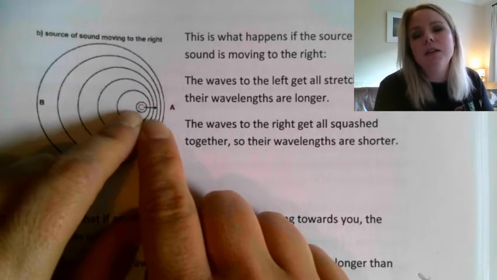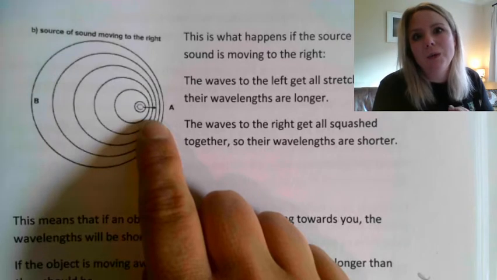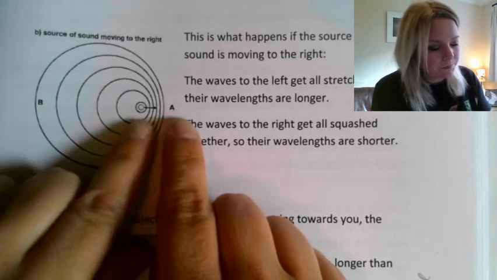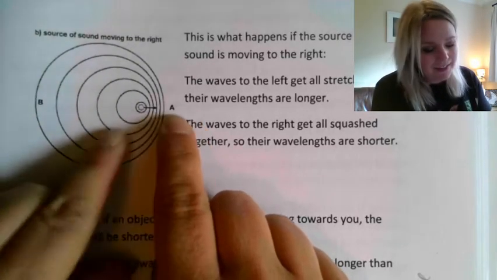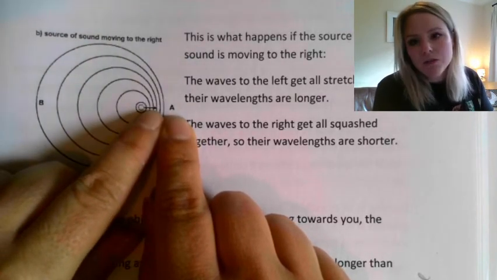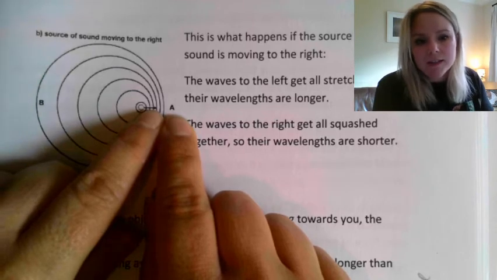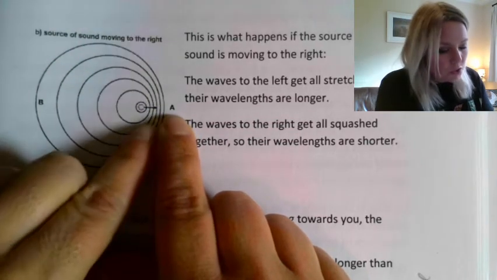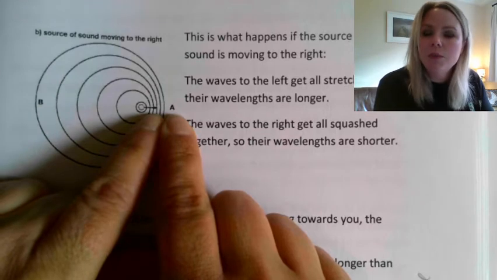If you have a source that is emitting light, so say it's emitting white light, which is a mixture of everything, and you're standing at A and this source is moving towards you, then the light that you are receiving is light of a much shorter wavelength, and that's the blue end of the spectrum.